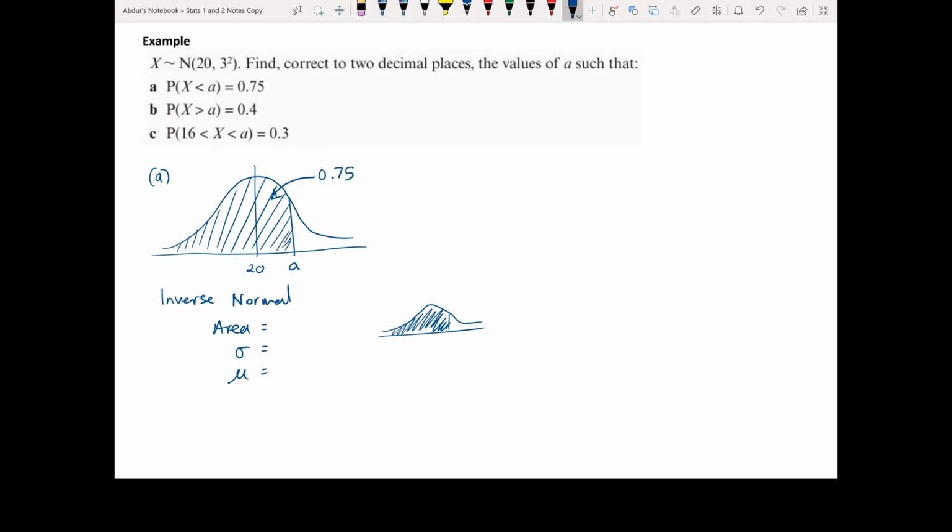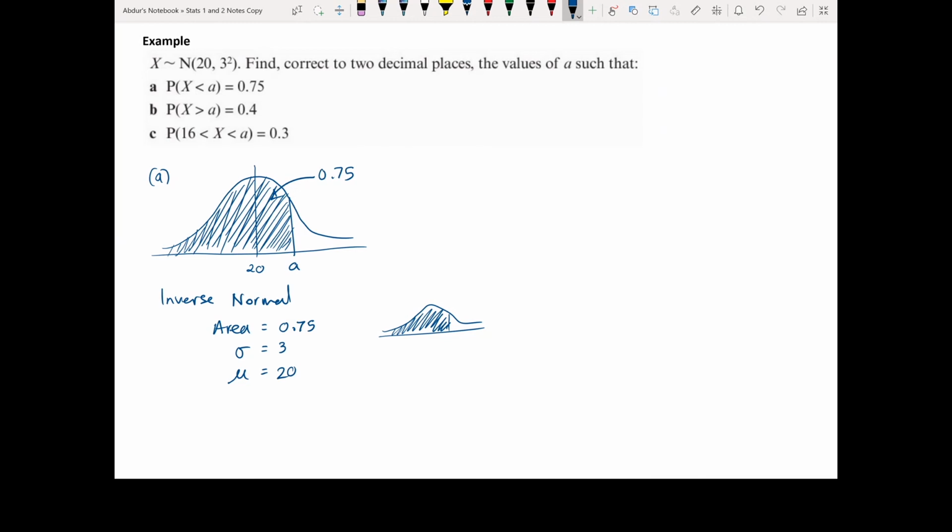So the area that we must input must be the left-hand side of the a value, whatever we're trying to work out. So in this case, our area is on the left-hand side of the a value, so I can go and put in the 0.75, which will be fine. The standard deviation here is 3, and the mean is 20.